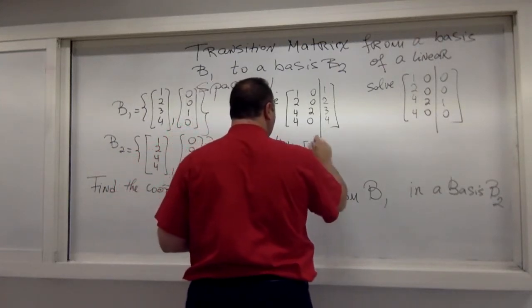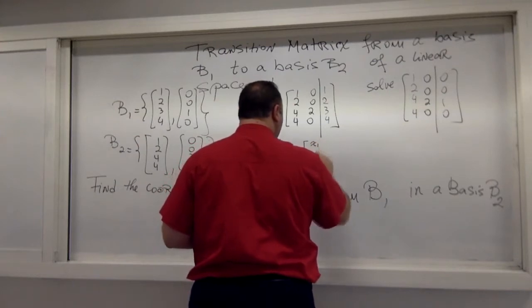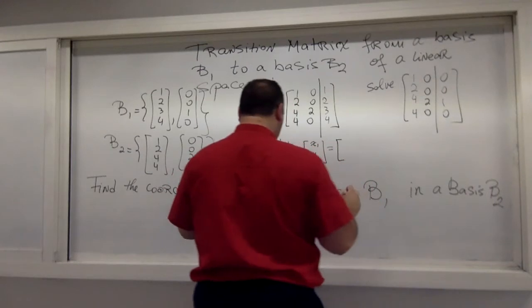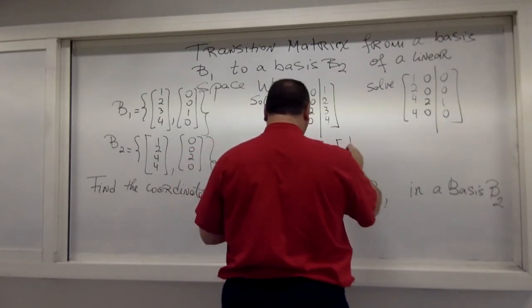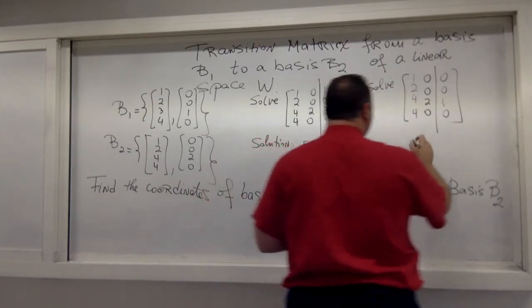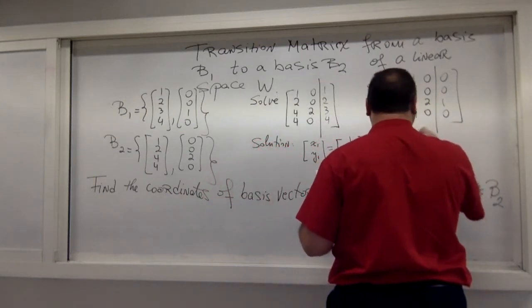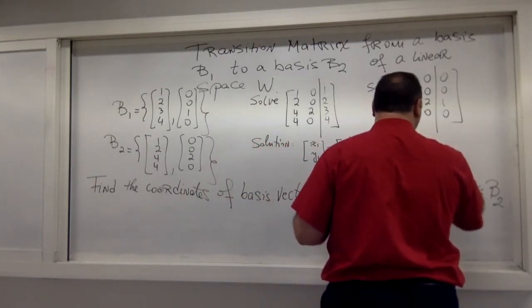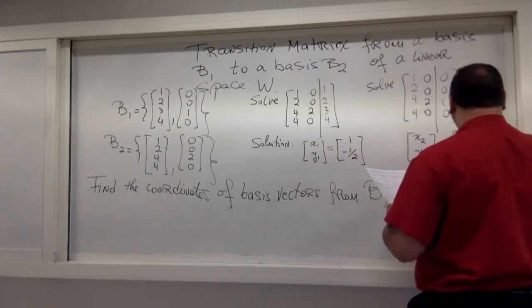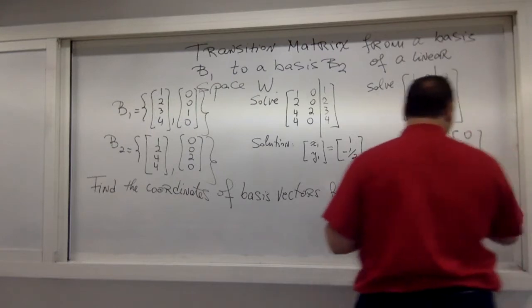So solution here will be x1, y1, and it's already computed somewhere. It's 1, negative 1 over 2. And solution here will be x2, y2. And somebody computed that also. It's 0, 1 over 2.